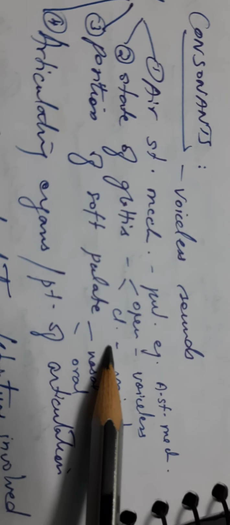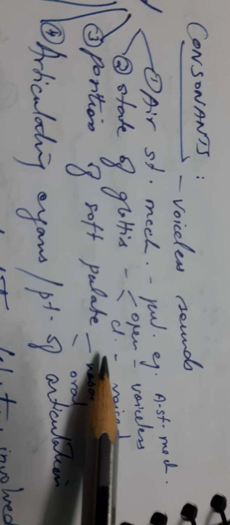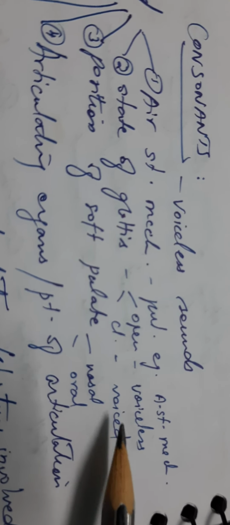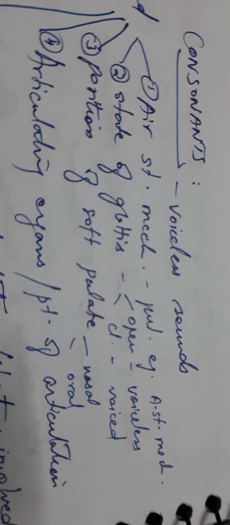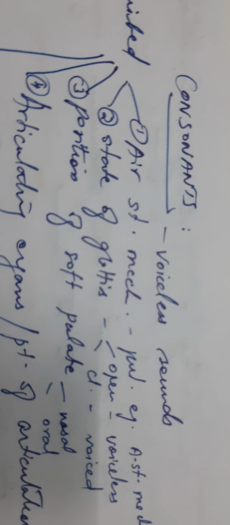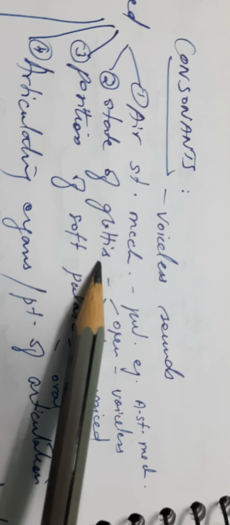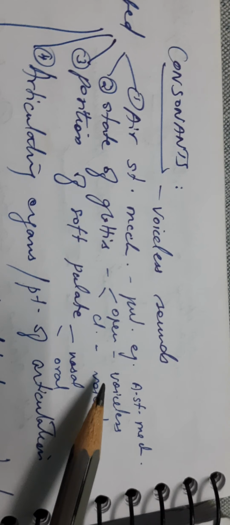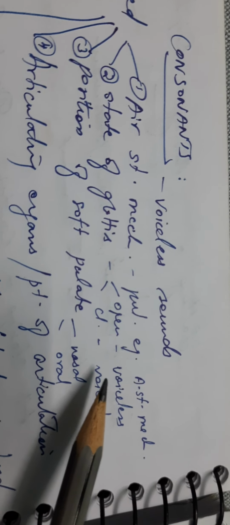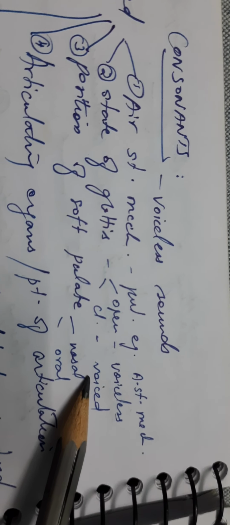When it is closed, the air passes with friction, and thus we get a voiced sound. So the second piece of information, the state of glottis, gives you voiceless consonants or voiced consonants.